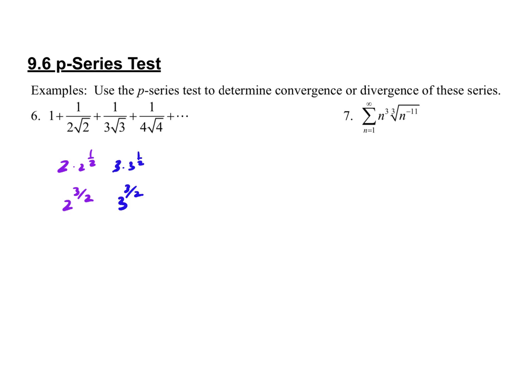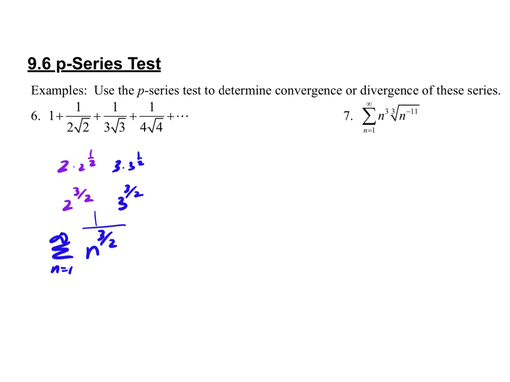So we've got our conditions, right? We've got 1, then 2, then 3, then 4, and they're raised to a power greater than 1, which means this is the kind of series we're looking at. That needs to be 1 over. 1 over that.